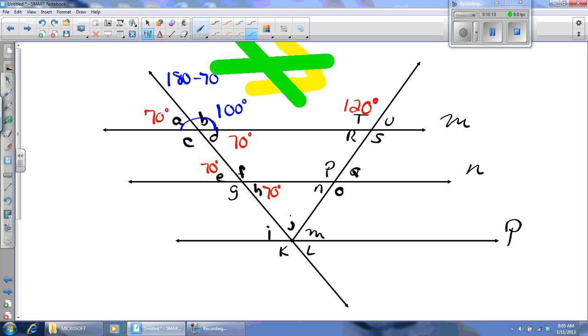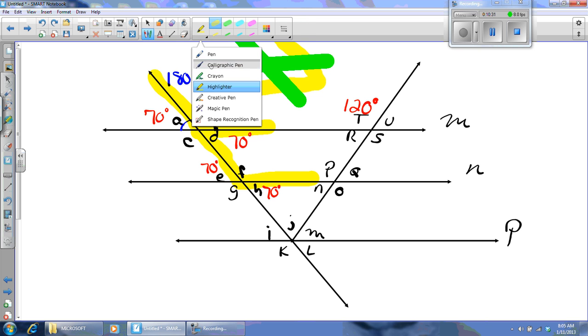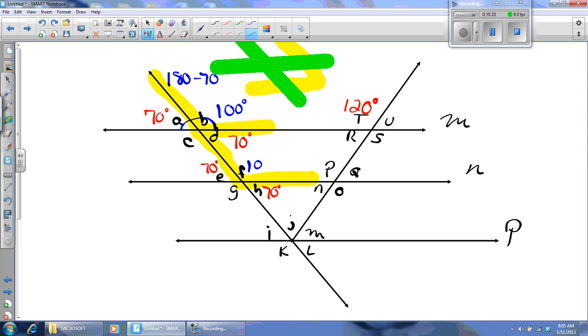You could go and do the vertical again, but I'm going to show you how to use angle F. Look at this. I've got an upside down F, and that means B and F are corresponding angles, which means they're congruent to each other. So that's 110 degrees. G is vertical with F, so that's 110 degrees. Okay, C is vertical with B, that's 110 degrees.